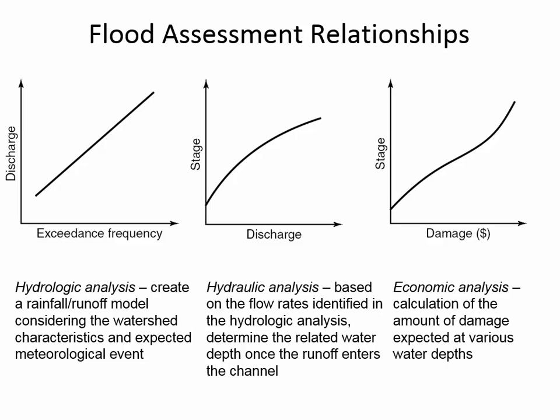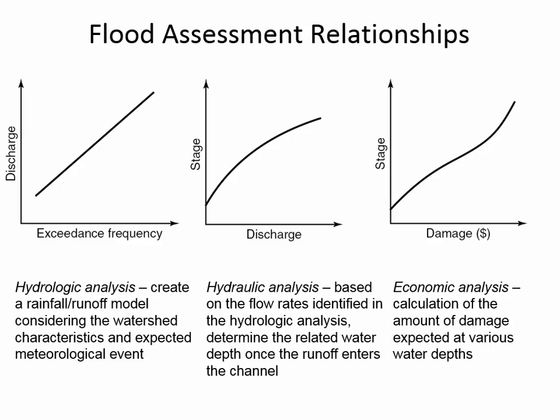The economic analysis, what goes in is the depth. The hydraulic designer will take the data and give it to an economist. And the economic analysis says, all right, if the water level is 10 feet, there's no damage. If the water level is 11 feet, then the economic analysis looks at how many houses are going to be damaged if the water level gets to 11 feet and says, oh, maybe $1 million worth of damage.